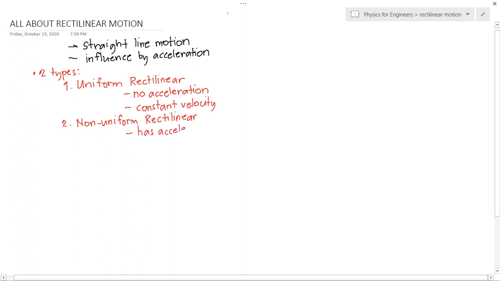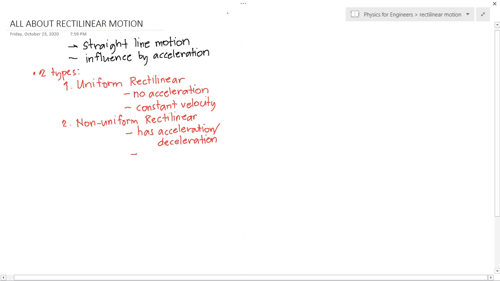And not only acceleration, it also has a retarded motion. Kapag sinasabing retarded motion, meaning nag-decrease siya. In other words, it is termed as deceleration. So, kapag nag-decelerate siya, meaning your final velocity would be lesser than the initial velocity.